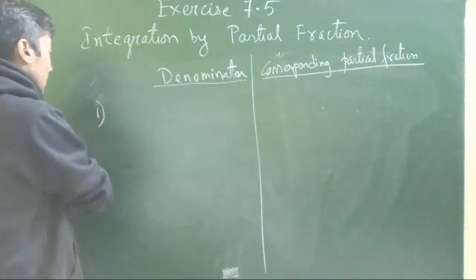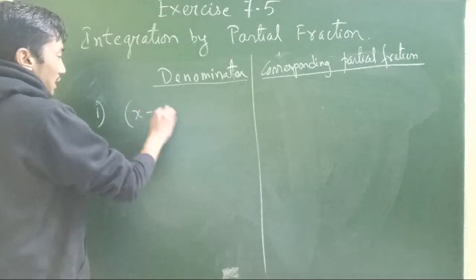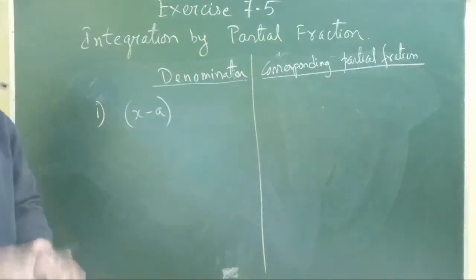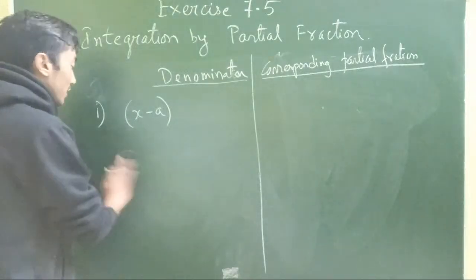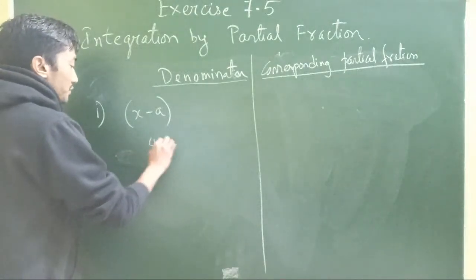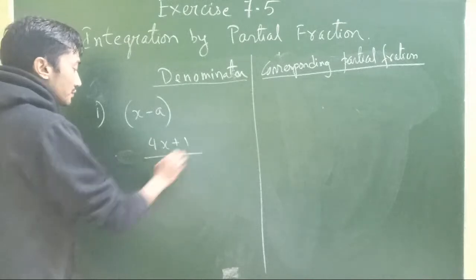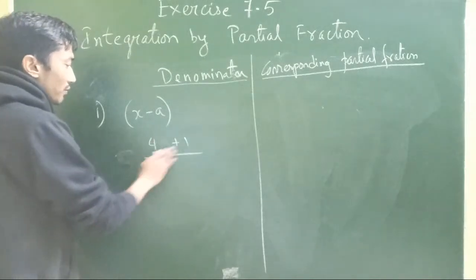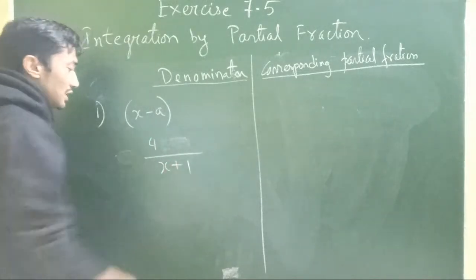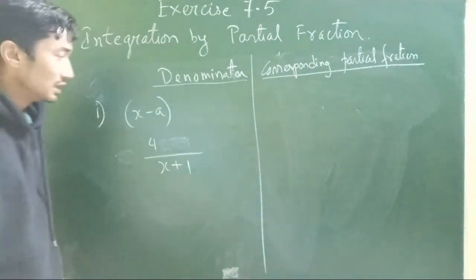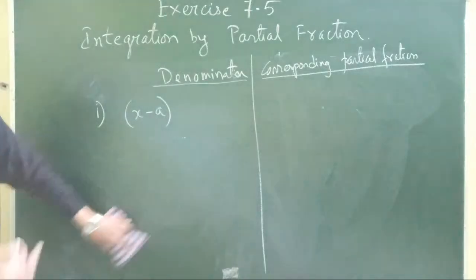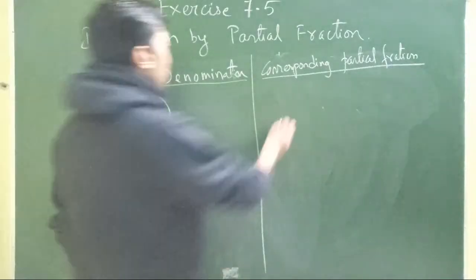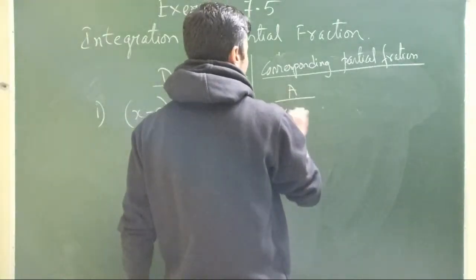Like first one, if the denominator is simply a non-repeating simple term in the form of x minus a, for example, let's say 4x plus 1, just an example. In that case, you will be writing it in the form of A by x minus a.